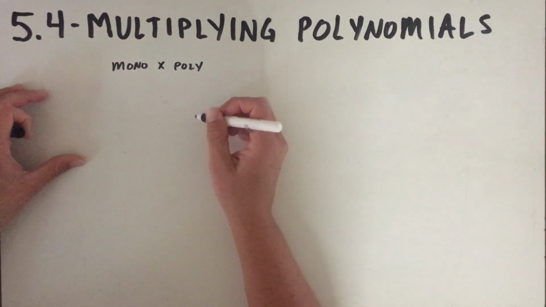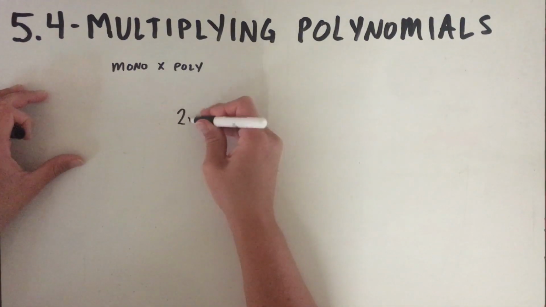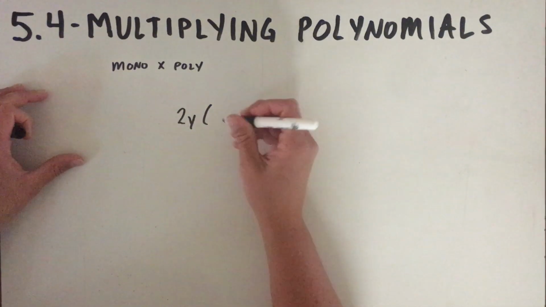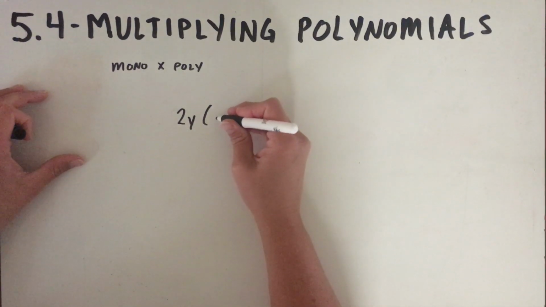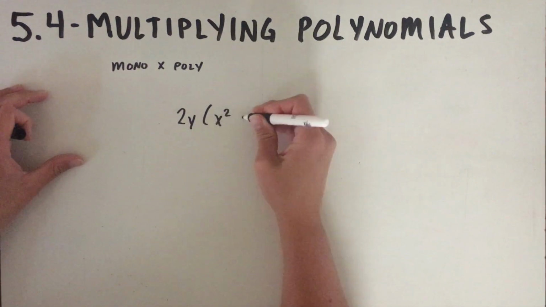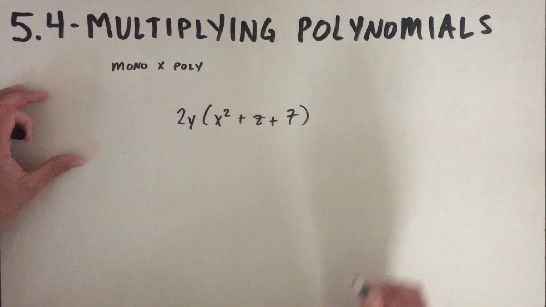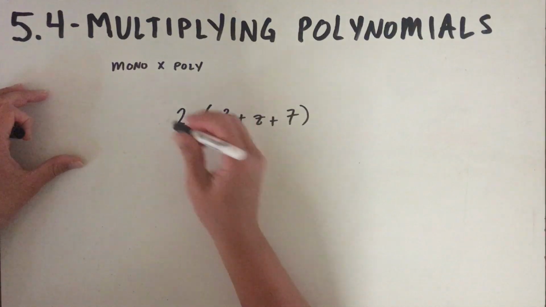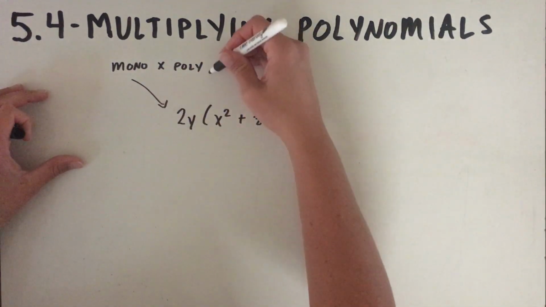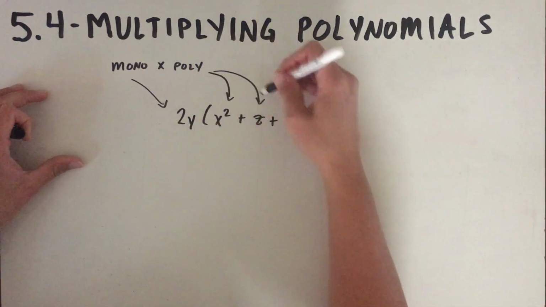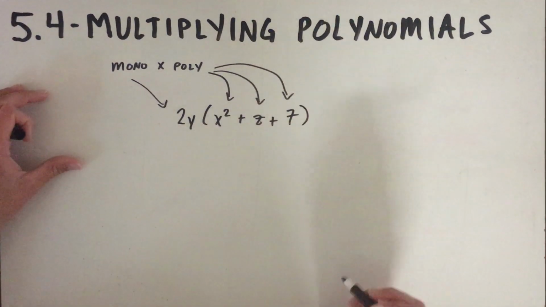So if I had, let's say 2y, that could be multiplied by x squared plus z plus 7. Okay, and this is a monomial right here being multiplied by a polynomial, which happens to be a trinomial because there are 3 separate terms.